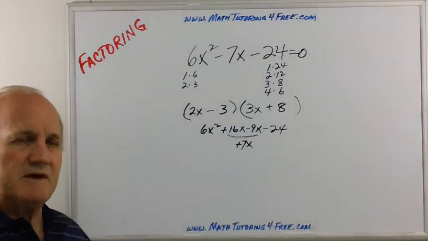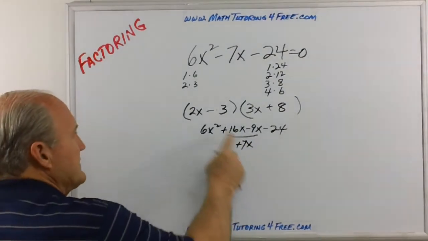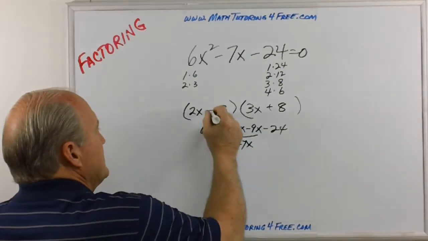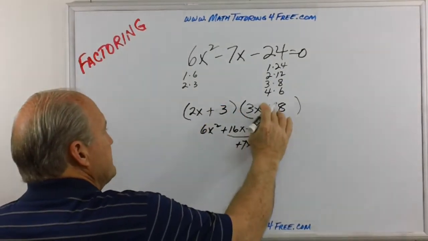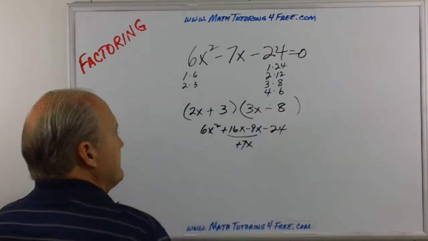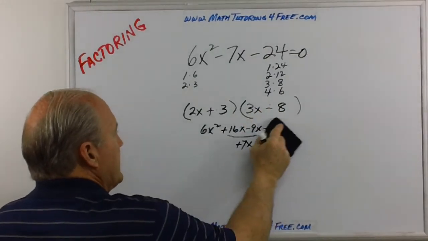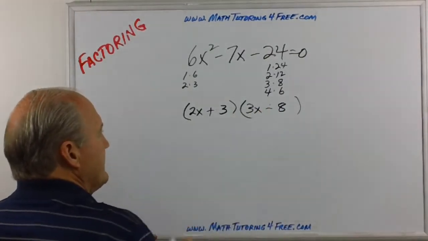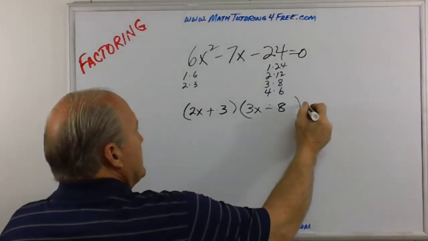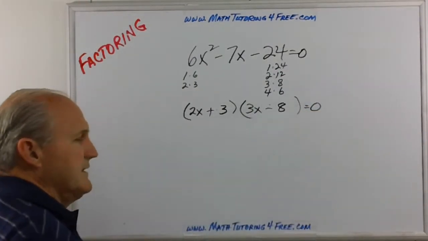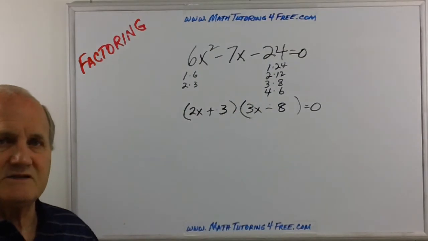Just like the last problem, we've got the right numbers, we just got the signs mixed around. So let's just change that to a positive, that to a negative, and we then have our factored equations.